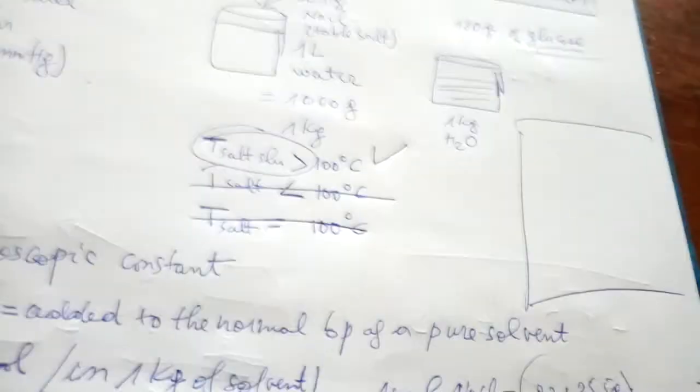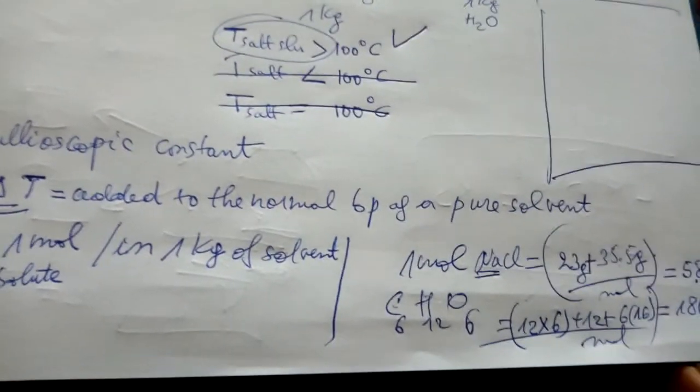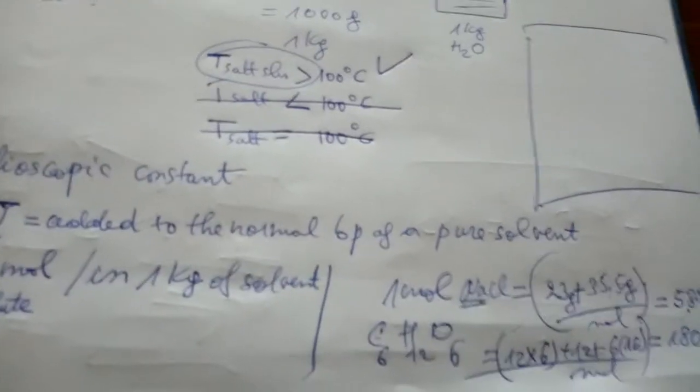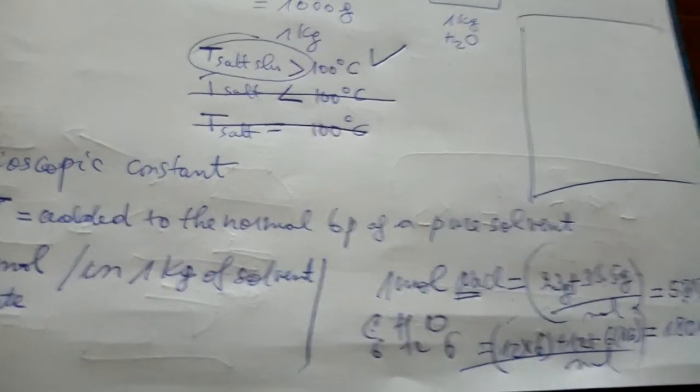You must know that in the solution, the table salt is strong, more dominant than the sugar, because glucose is a sugar. Even for table sugar, to increase to the same level of temperature on the thermometer, it will require the same temperature.